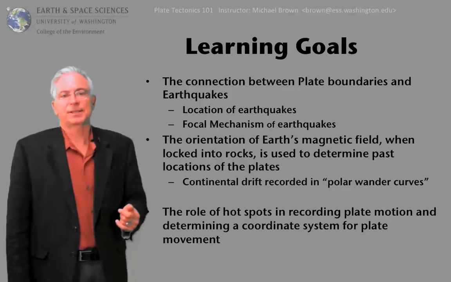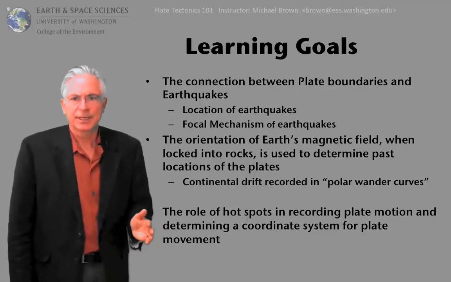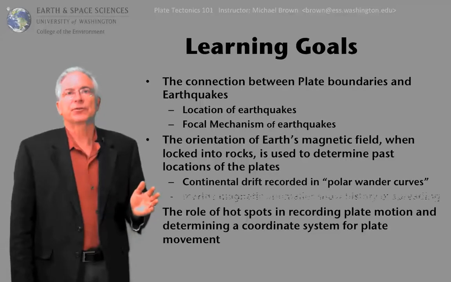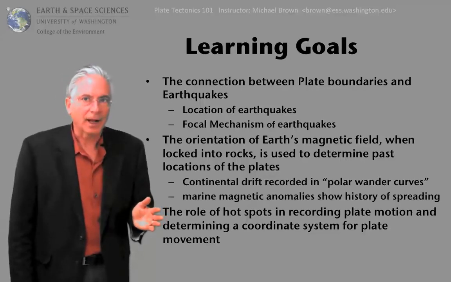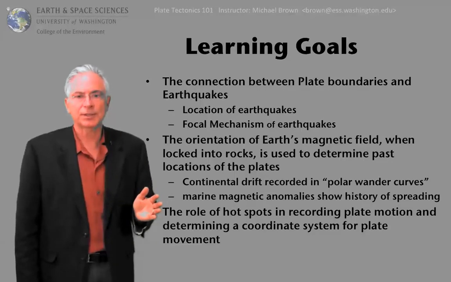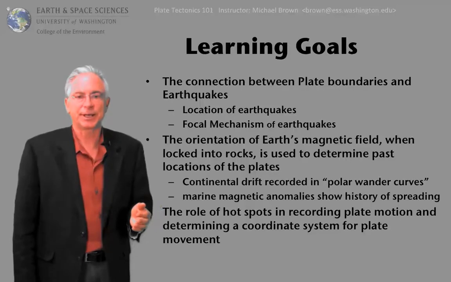On the magnetic side, we'll talk about the record of magnetics from the continents, and these are polar wander curves, and the evidence from the marine oceanic rocks, which are the marine magnetic anomalies, and they show the history of spreading.